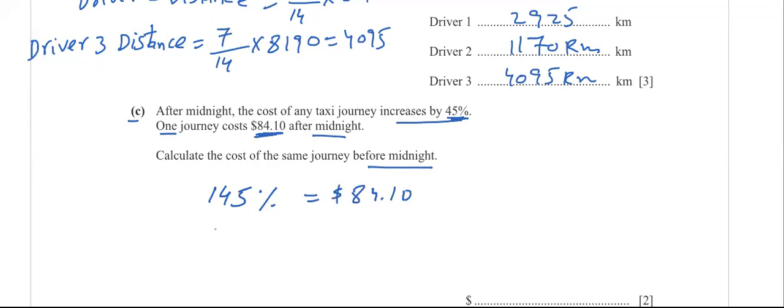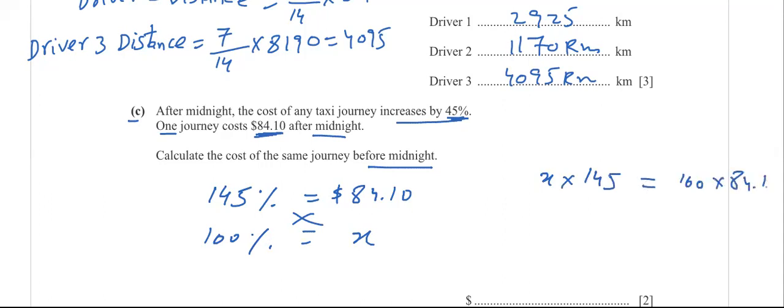So what will be 100% then? 100% will be the before midnight. That we don't know. Let's say it is X. So cross multiply. Cross multiplication, it will be X times 145 equals 100 times 84.10.